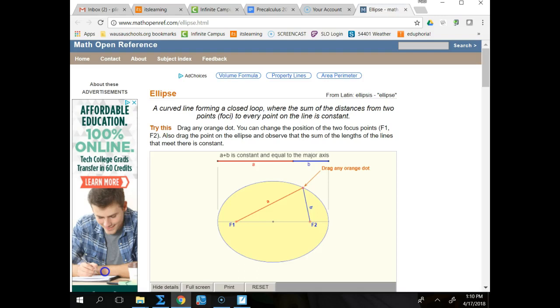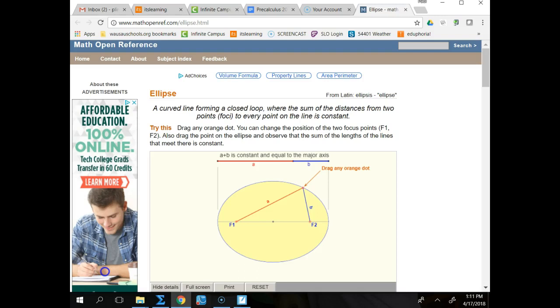Over here, this point has this distance plus this distance. That is the same as this point up here, this distance plus that distance, is the same as this point over here, this distance plus that distance. It's all a constant.